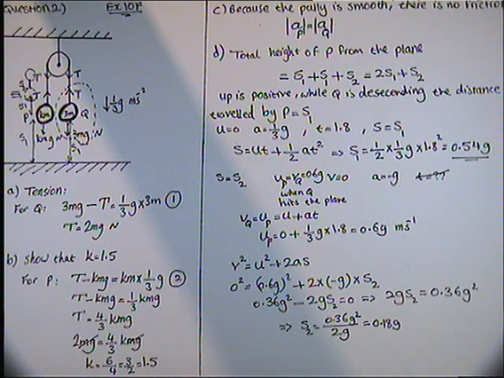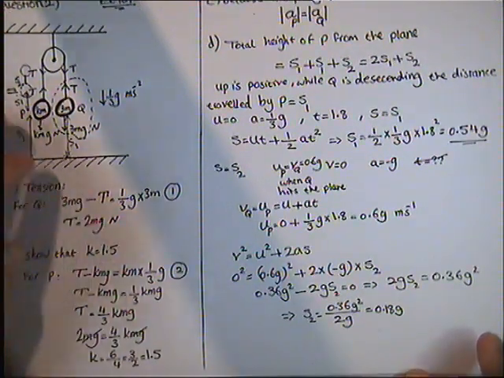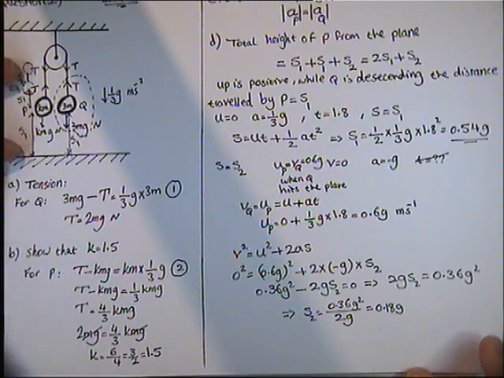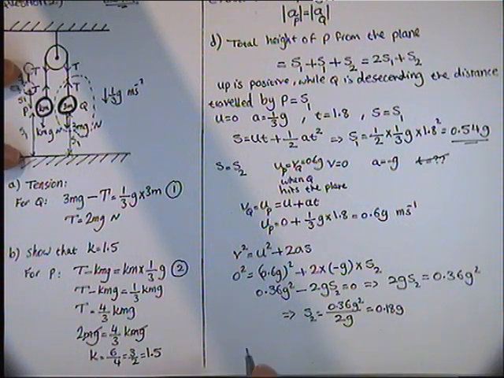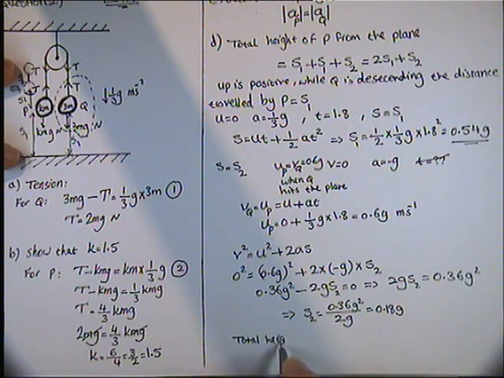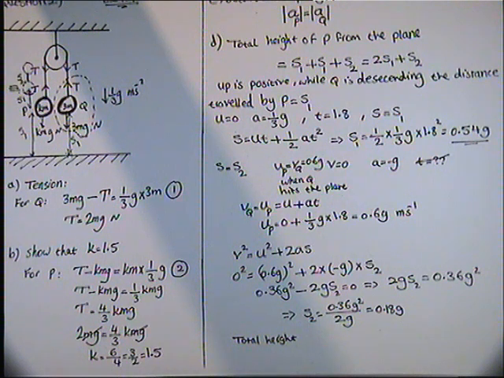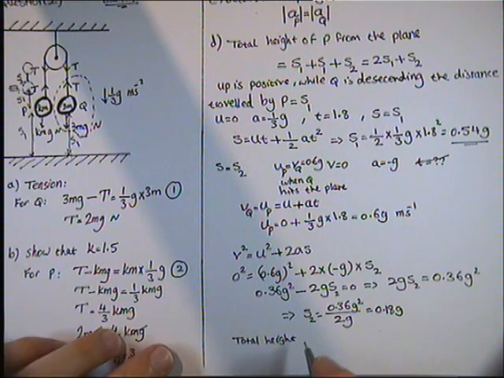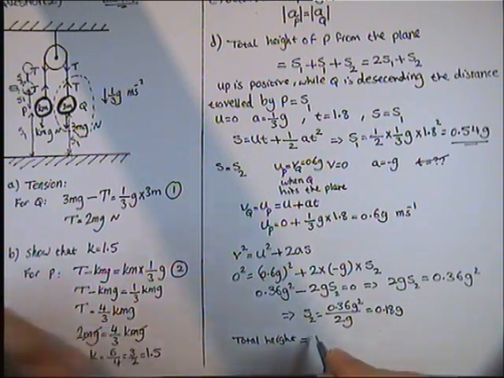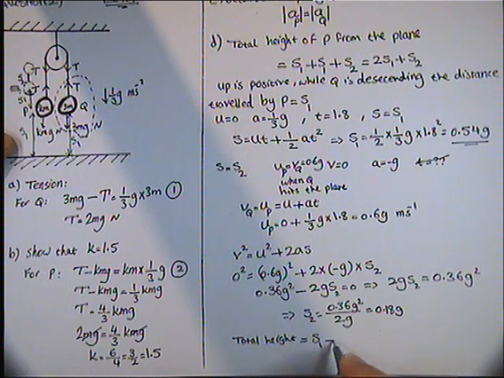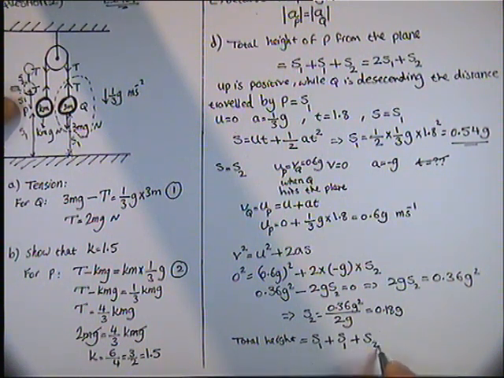Now the total distance, or the highest point of distance of P from the plane, the total height, would be equal to S1 plus another S1 plus S2.